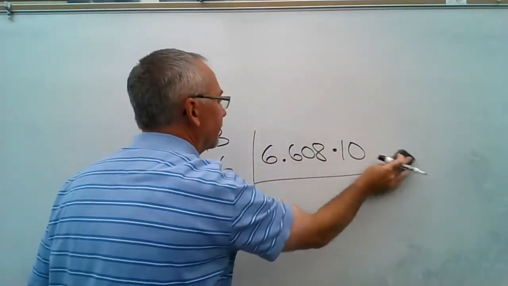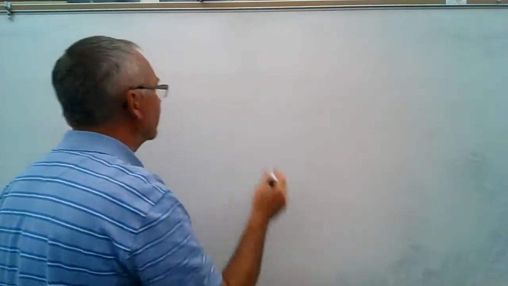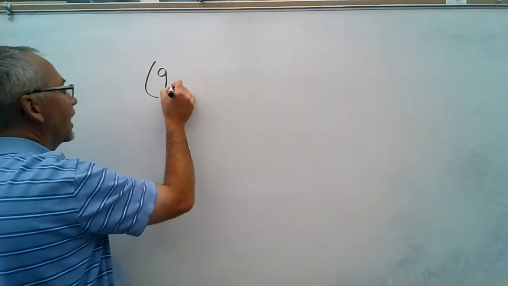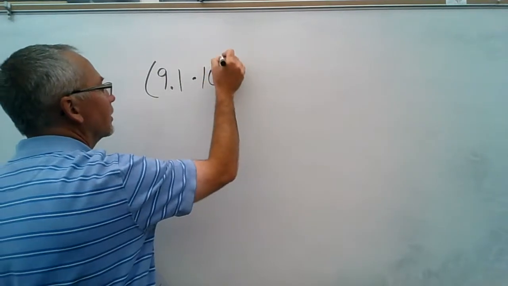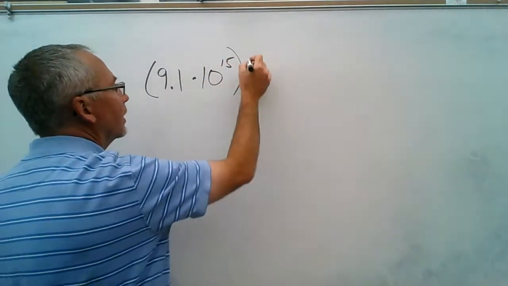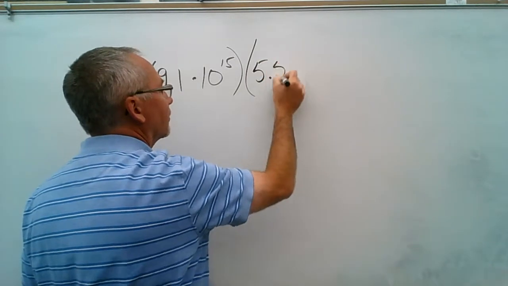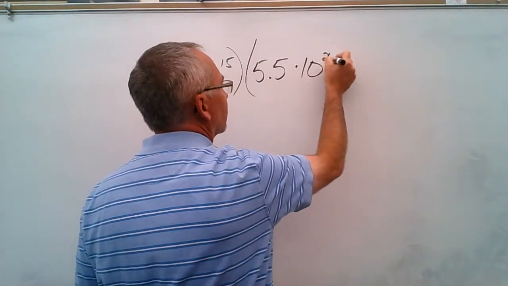Now, one more we'll try. What should happen if I end up with a problem such as 9 and 1/10 times 10 to the 15th, we'll say, and I multiply that by 5 and 5/10 times 10 to the 20th, we'll say.